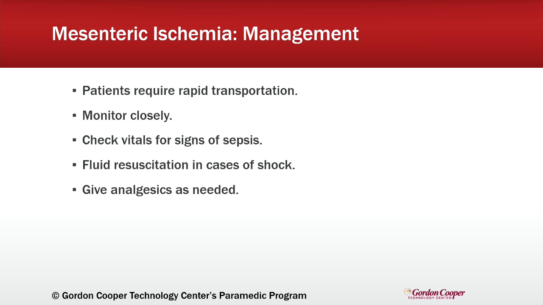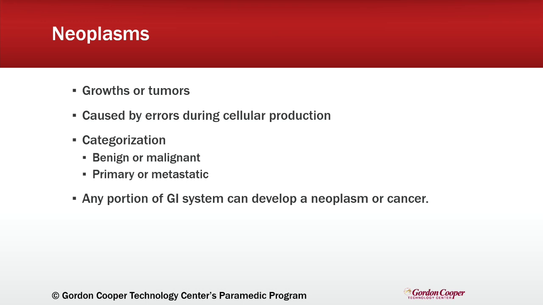If the patient shows signs of shock, remember fluid resuscitation is going to be key. If hypotension is due to sepsis, we're going to have to consider maybe some vasopressors to help stabilize the blood pressure. And of course, again, analgesics may be helpful in managing pain as long as it fits within your protocol or medical control is okay with that.